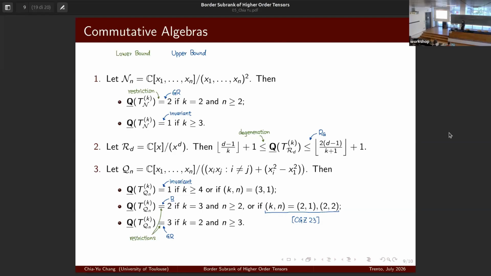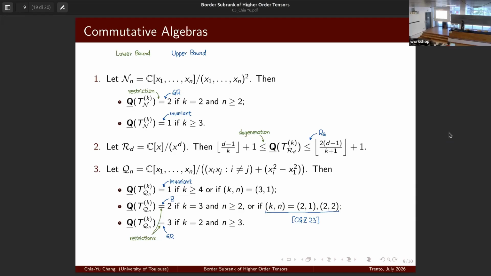So we only consider the local algebras here, and here we consider three commutative algebras: the linear algebra, the truncated polynomial algebra, and this QN algebra that is a generalization of the CW tensor. Here I use the green pen for the lower bounds, for the method of the lower bound we get.